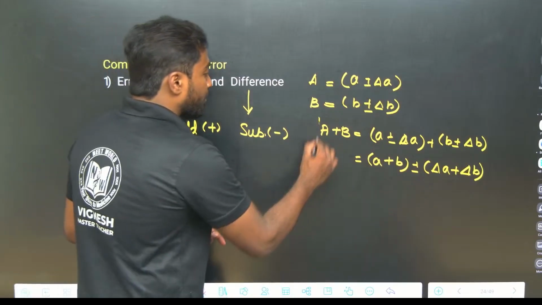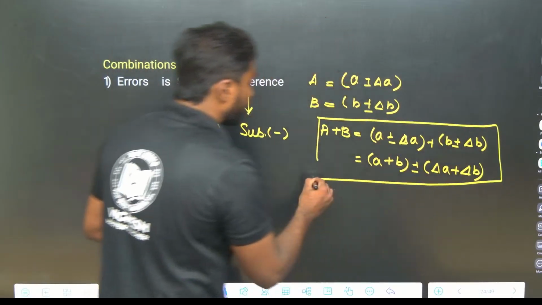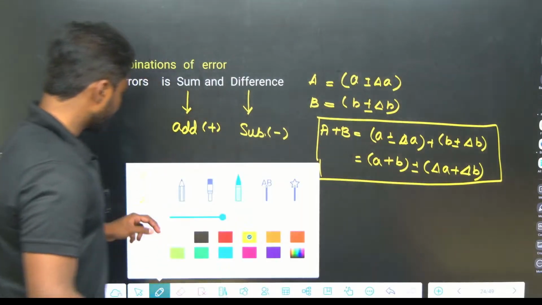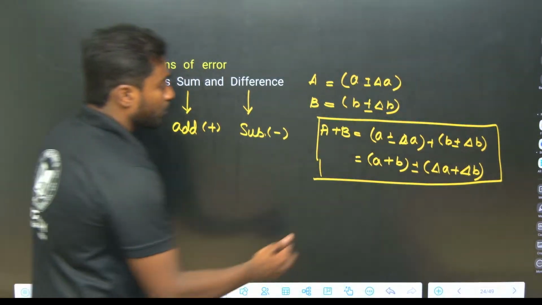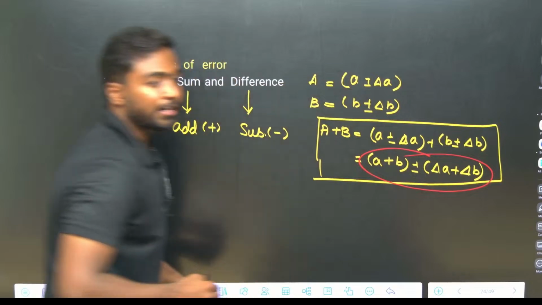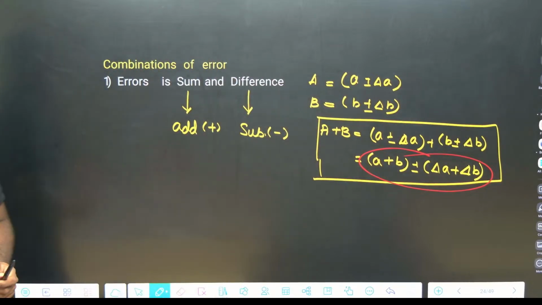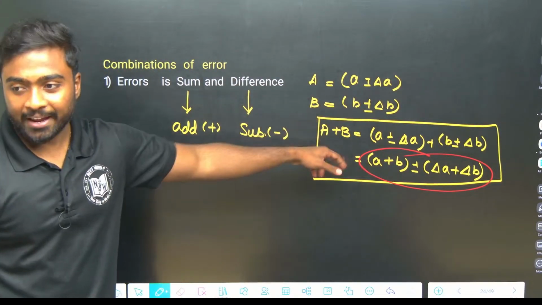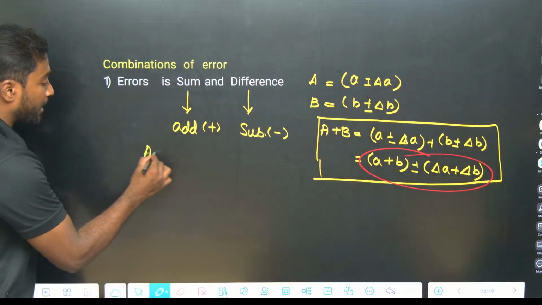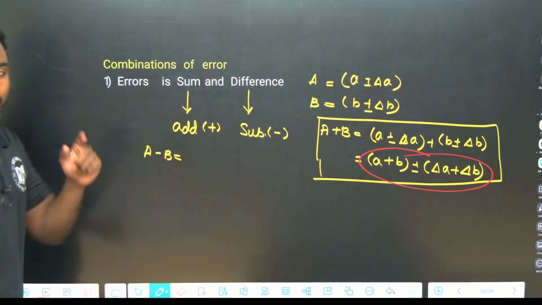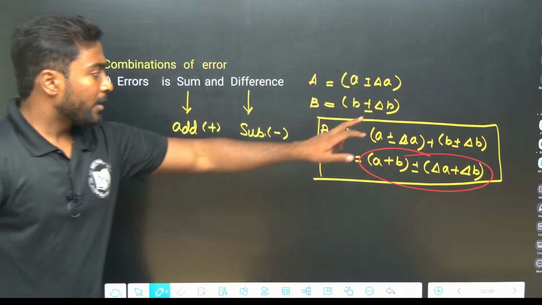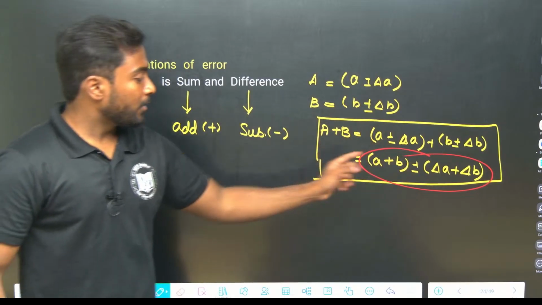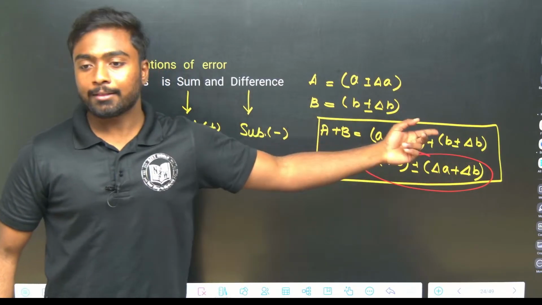This formula is for addition. Now if I want to go for subtraction, a minus b, there is one difference. I take a minus b, but for the errors I should add the errors.